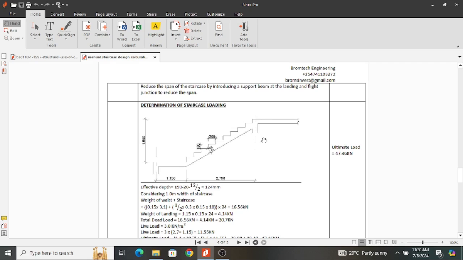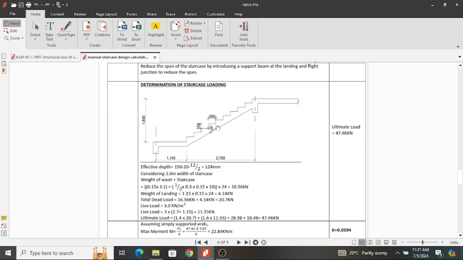The reason why I'm assuming this is because for my structure there was another beam here, therefore I'm going to have a slab of 1.4 meters wide and then a staircase. Therefore I'm not expecting excessive bending moments at the support, so my maximum bending moments are going to be those at the center. But sometimes you could draw your bending moment diagram, get the maximum, and design for that throughout your structure.